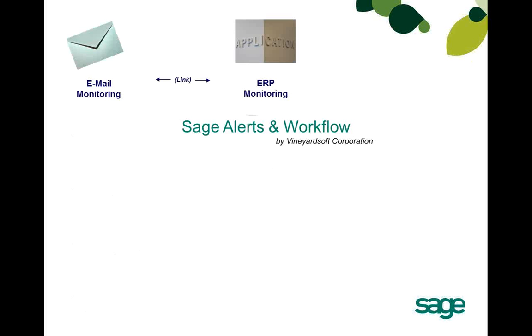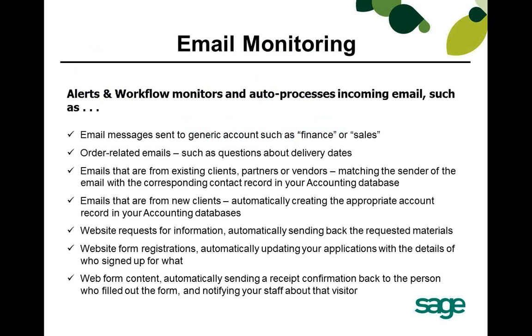But Alerts and Workflow goes beyond just monitoring your business applications to also monitoring the content of incoming email. Does your organization have email accounts or addresses like info@yourcompany.com or sales@ or support@? Does your organization have a website where you allow people to fill out forms and ask questions and request product information?